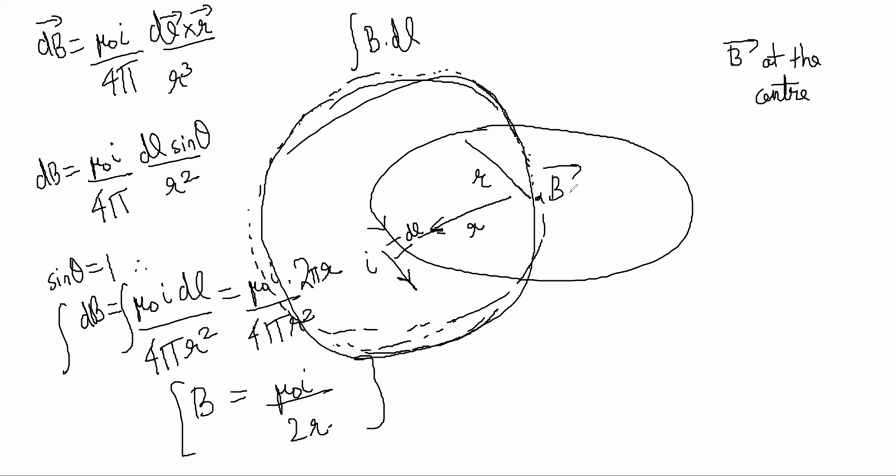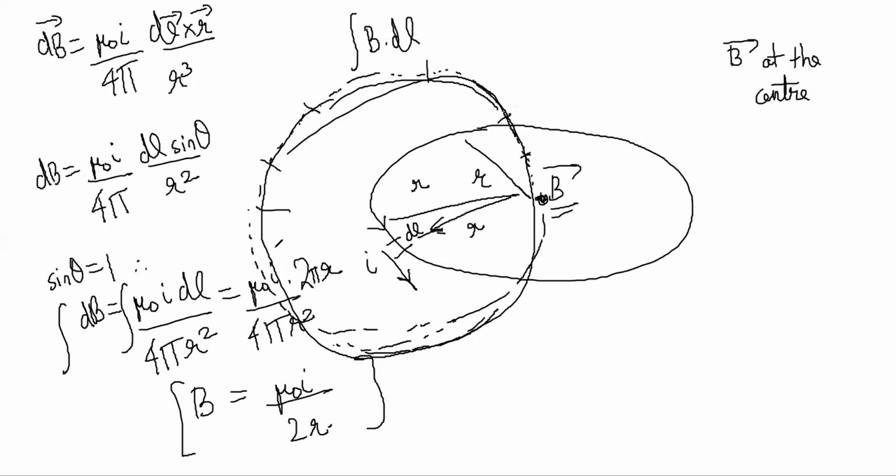Because you need the field at this point, the loop should cross this point. And it has to be symmetrical, therefore the loop should have radius r. It should be a circle of radius r, because otherwise, if you make some weird kind of loop, B will be different at different points.